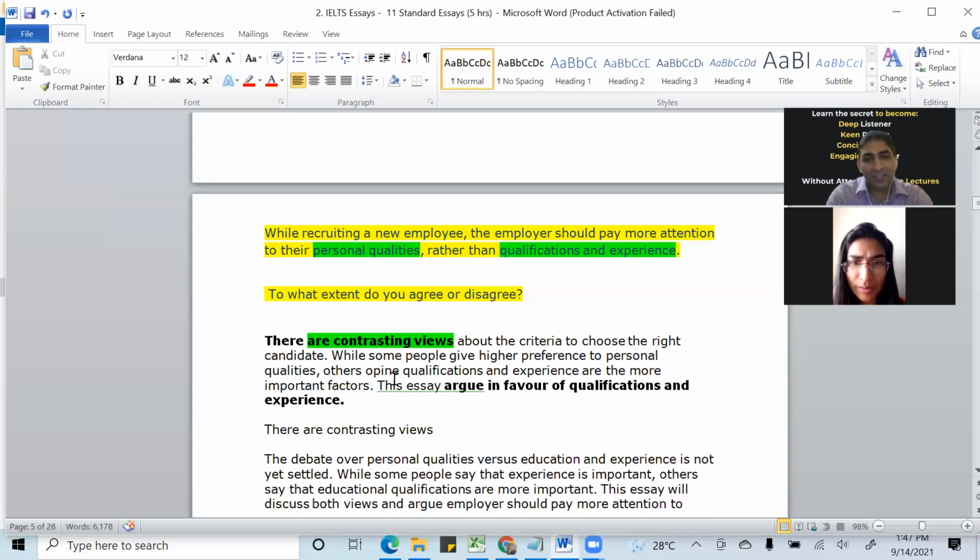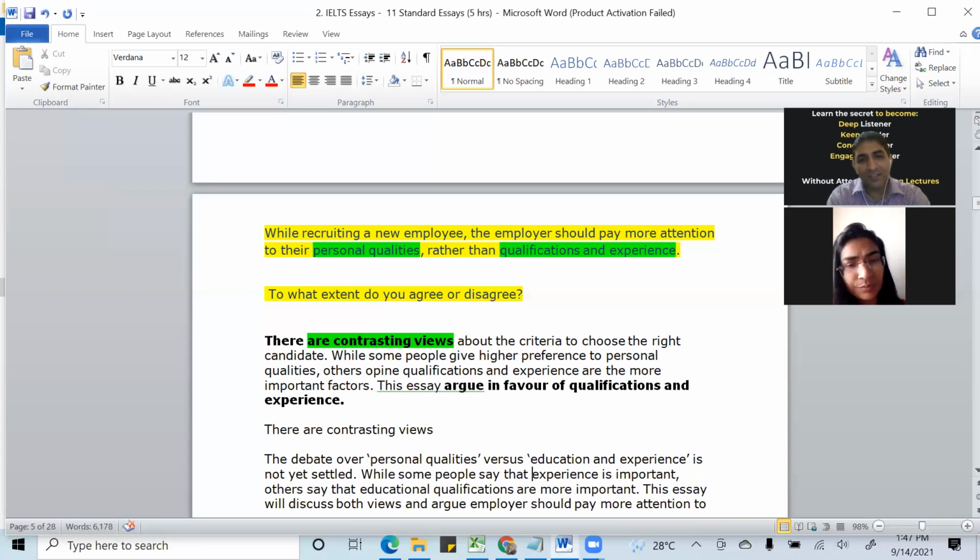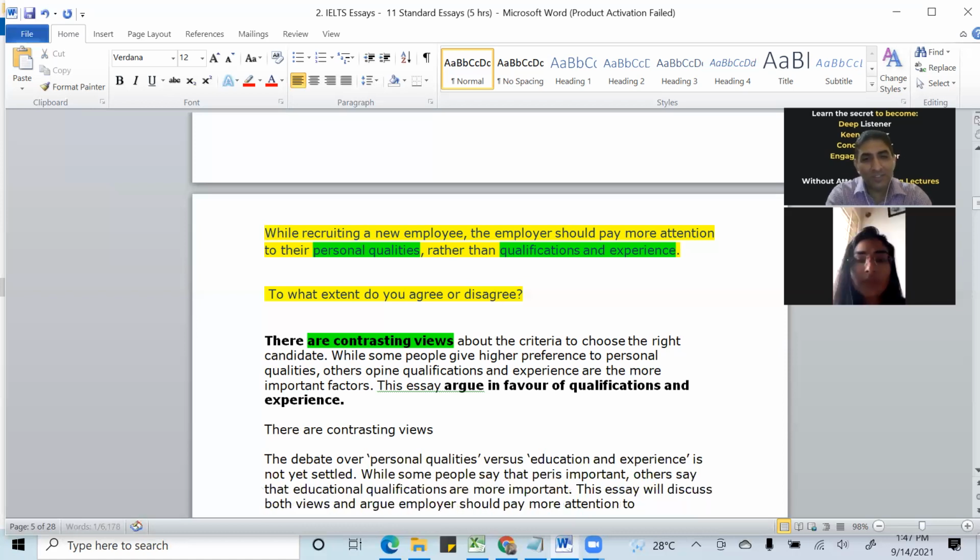Now, I just want to highlight this because this is the point which is the cause of debate. So this is like a topic. This is not yet settled, right? While some people say that personal qualities, I'll have to repeat it, there is no choice.